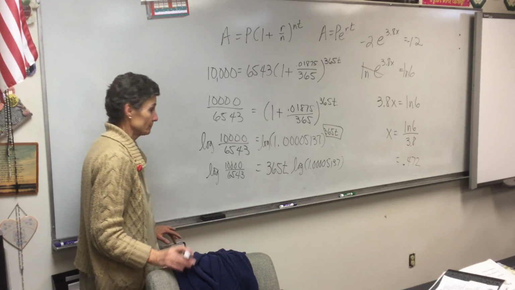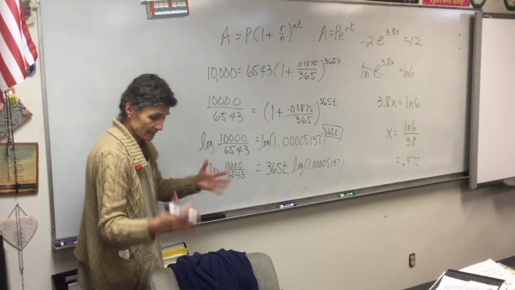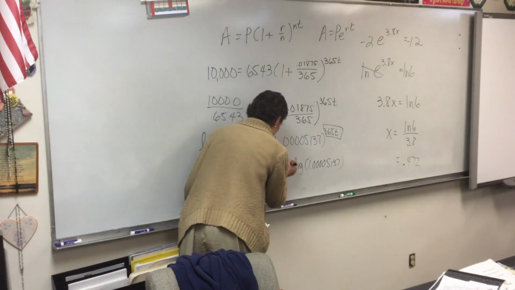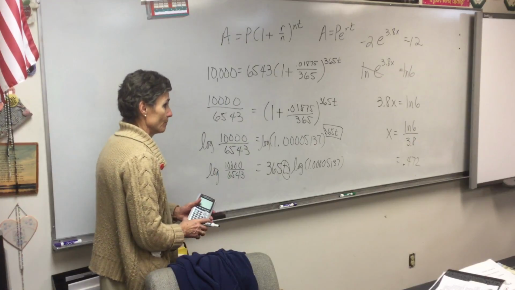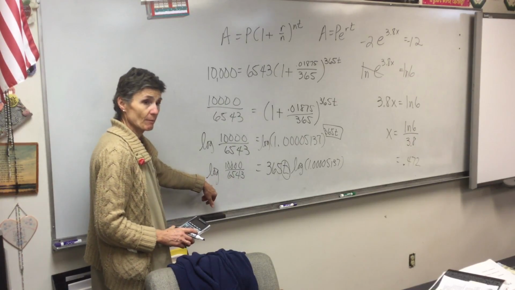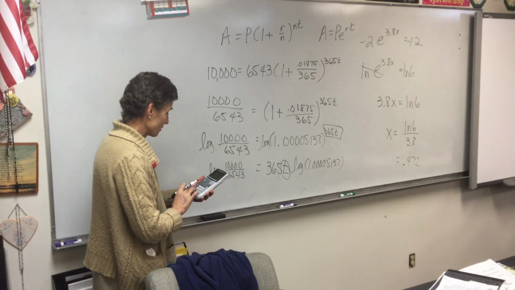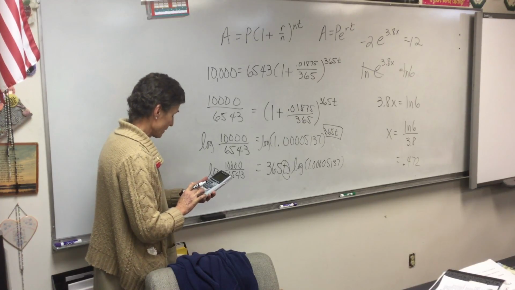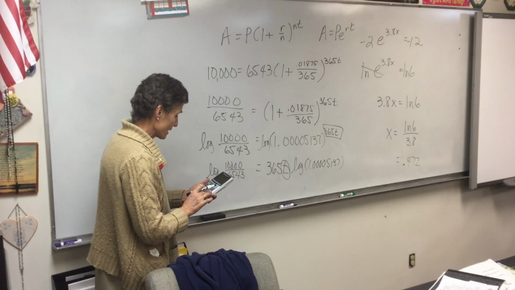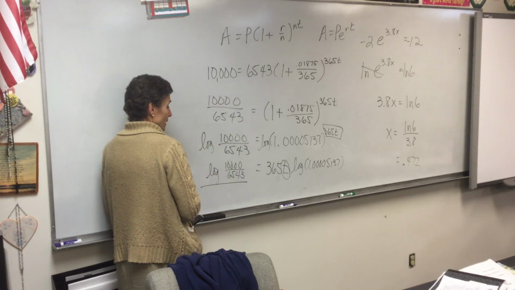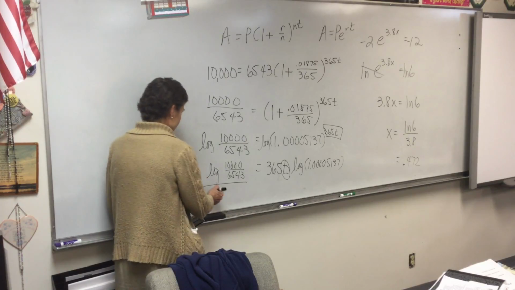Looks terrible. How can I start figuring this out? I need to get t. I'm looking for this. So what do I need to do? I'm going to take this guy right here, log 10,000 divided by 6543, and I'm going to divide him by what? 365.